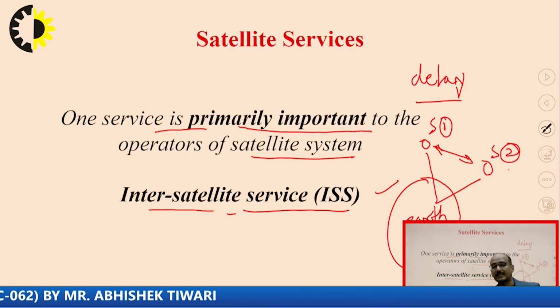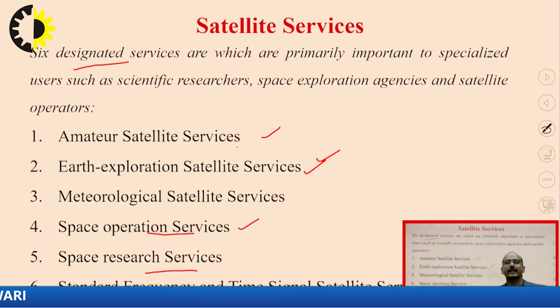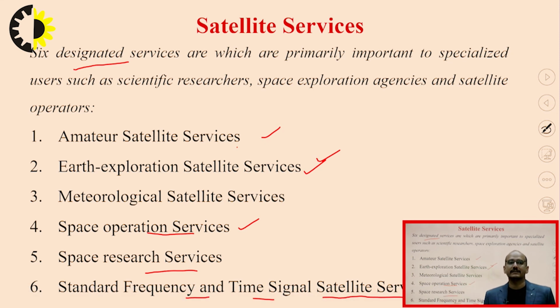And besides all these services, there is also a specific category of 6 designated services such as amateur satellite services, earth exploration services, meteorological satellite services, space operation services and so on. So these are all the services offered by the satellite.